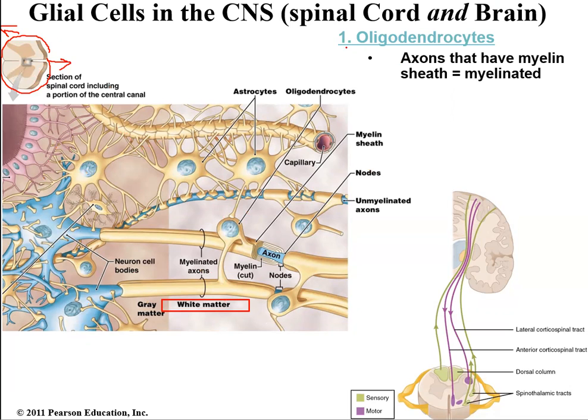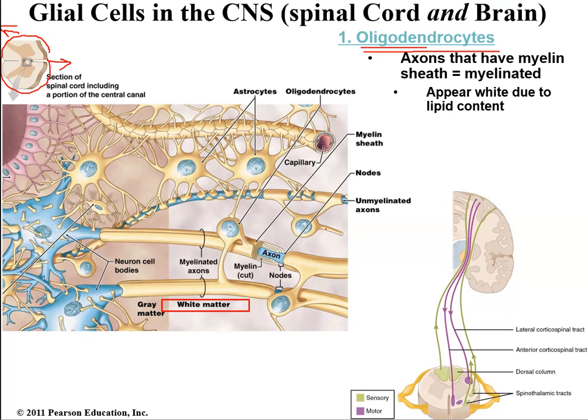So what I'm getting at here is that oligodendrocytes, these are myelinating cells. And so neurons, axons in particular, axons within the central nervous system are myelinated. Okay, so they are covered by these oligodendrocytes. Oligodendrocytes appear white because they are filled with lipids, right?